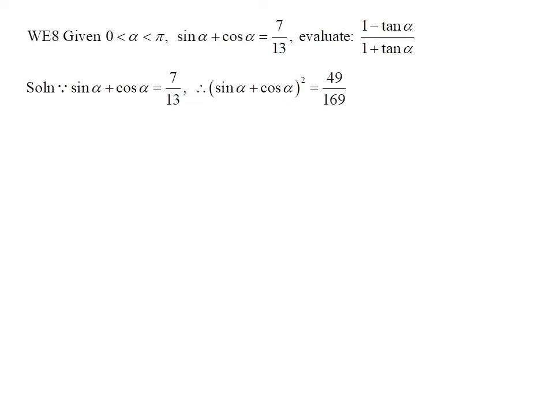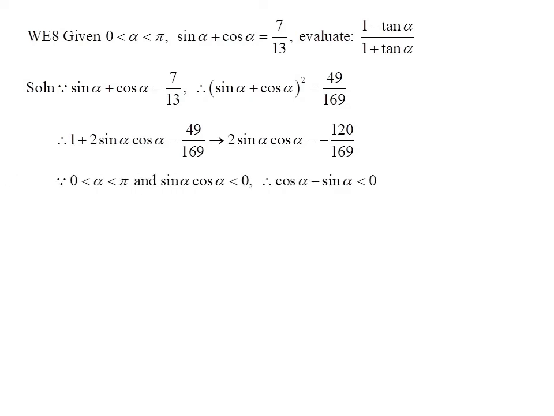Since sine alpha plus cosine alpha equals 7 over 13, after both sides of the equation are squared and arranged, 2 sine alpha cosine alpha equals negative 120 over 169.